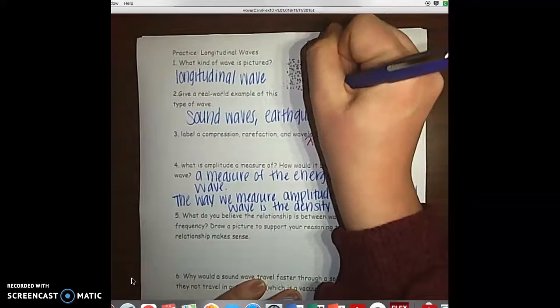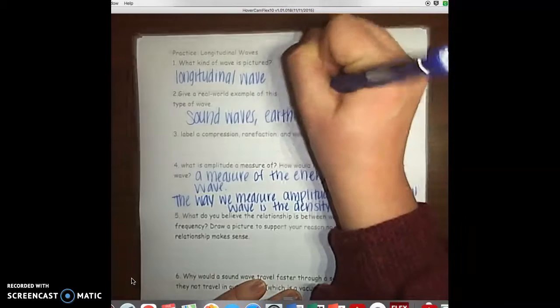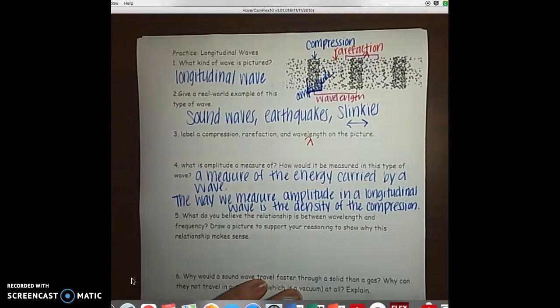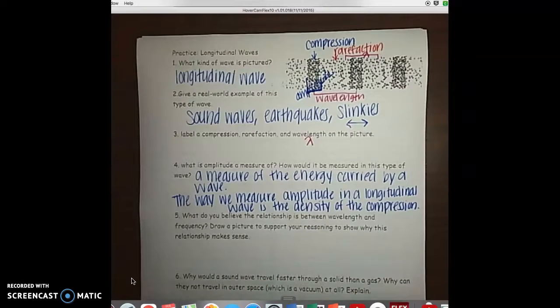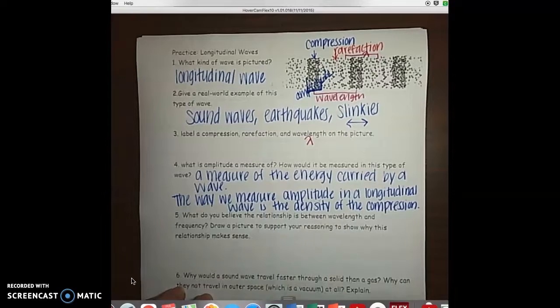So this right here is the amplitude. So one side of the compression to the other side of the compression. Remember, we talked about density is how closely packed together the particles are. So however much the density is of that compression is what the amplitude is.